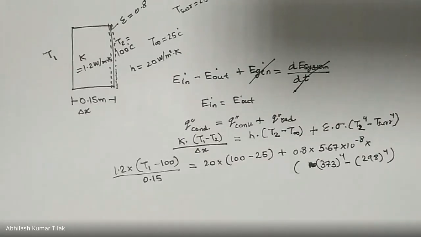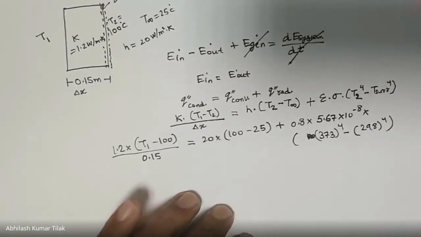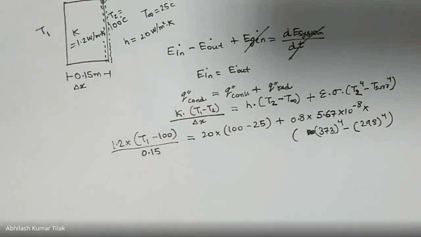So there is a difference between the bulk fluid temperature and the surrounding temperature, while in this question it is mentioned that T infinity and T surrounding are the same. So now you can equate this and get the value for T1. Try to calculate this and tell me the value.